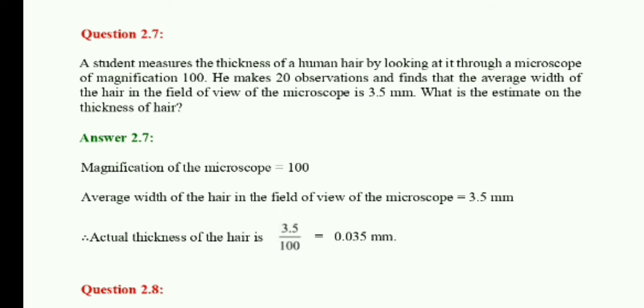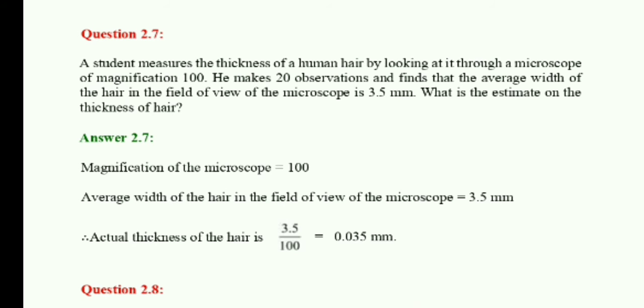Suppose the object height shown by the microscope is 100 centimeter and the magnification of the microscope is 100. It means in reality, or you can say actually, the height of the object will be 100 divided by 100, that is 1 centimeter.